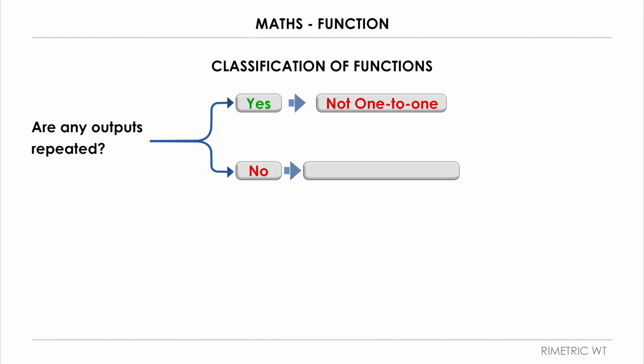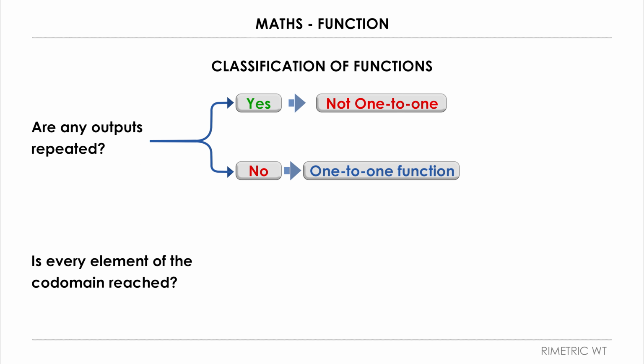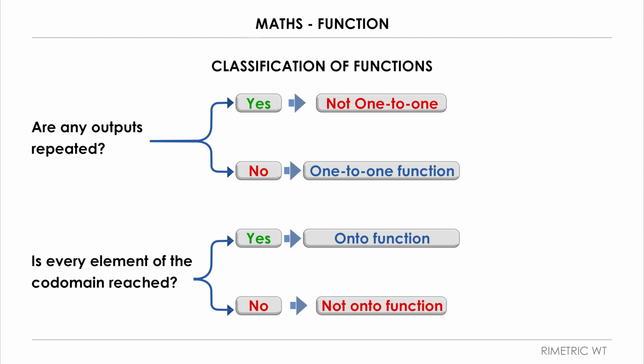But if no output is repeated, then the function is one-to-one. Second, is every element of the codomain reached? In other words, does every element in the codomain have at least one input mapped to it? If the answer is no, then the function is not surjective, meaning it is not an onto function. But if every element of the codomain is reached, then the function is onto.